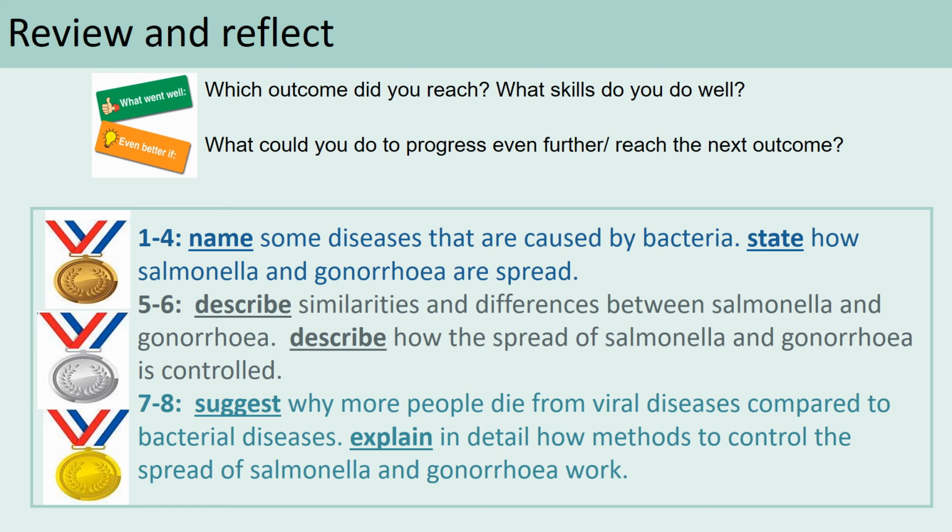And then for 7 to 8, suggesting why more people die of viral diseases compared to bacterial diseases. So you could talk about antibiotics and penicillin killing most of the bacterial diseases, but antibiotics don't have an effect on viruses.